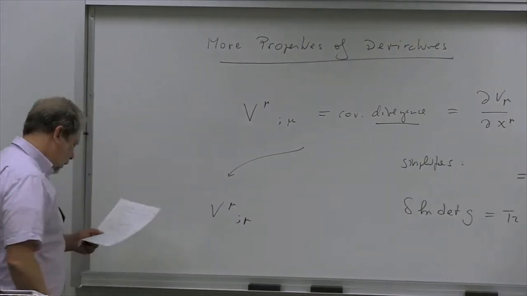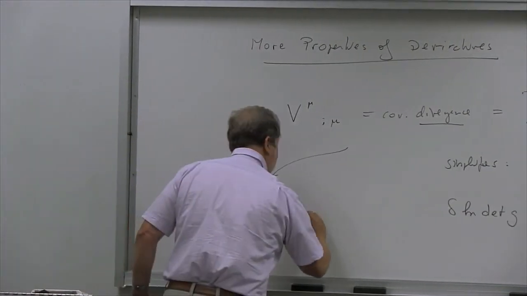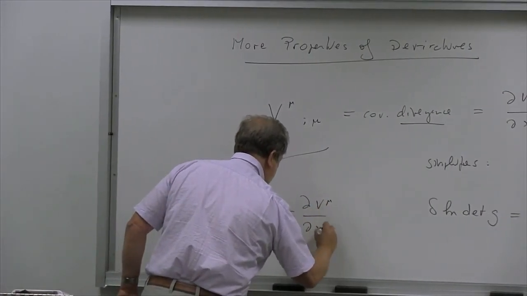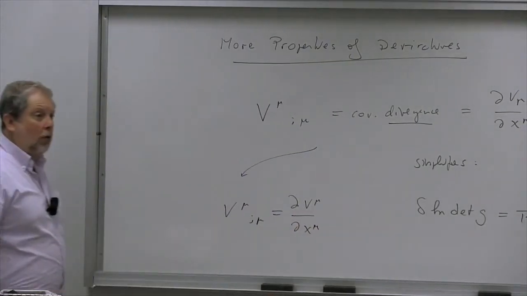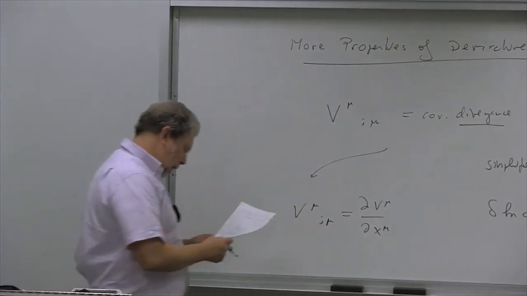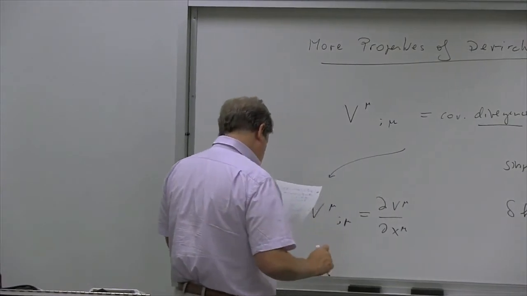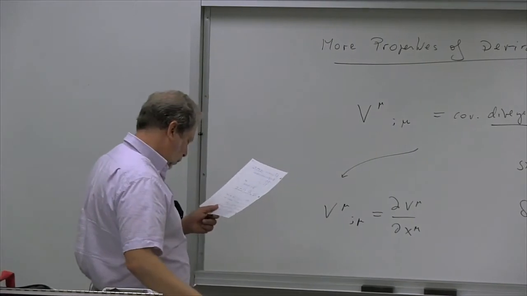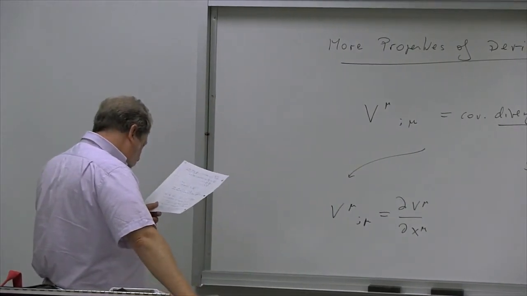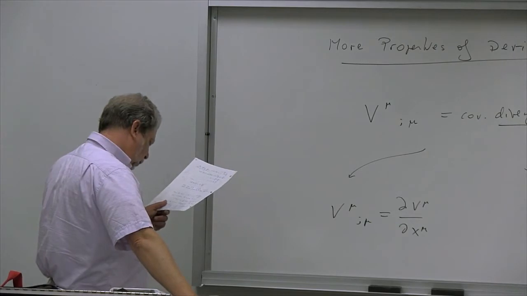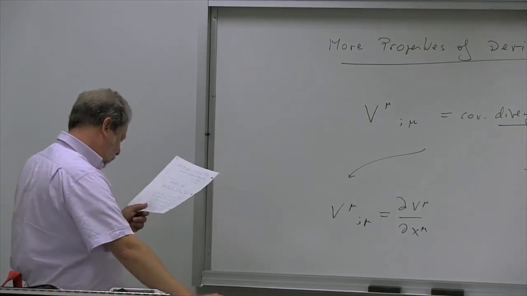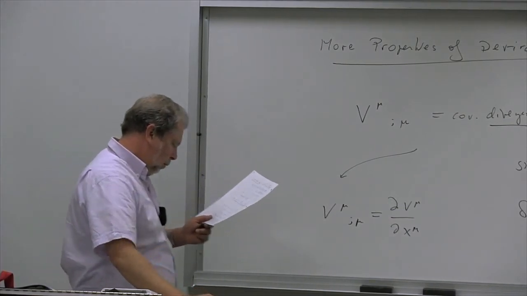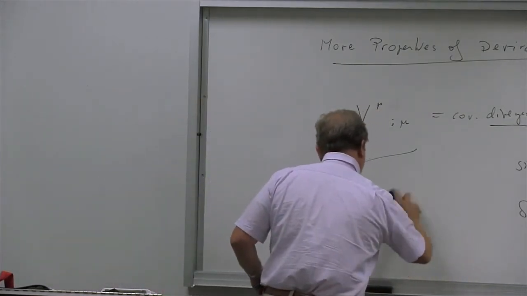So the covariant divergence is the ordinary derivative. So it's the derivative of v mu with respect to x mu, ordinary derivative, and then summed over, which is the ordinary divergence. And then plus another term, and you can combine those together.